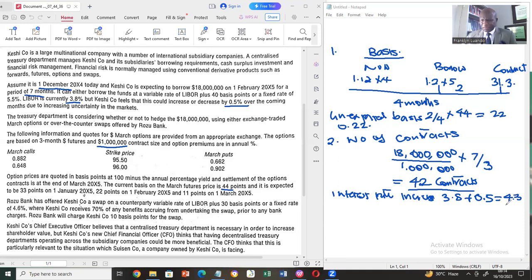4.3. Now the expected futures price will be 100 less 4.3, less the unexpired basis.